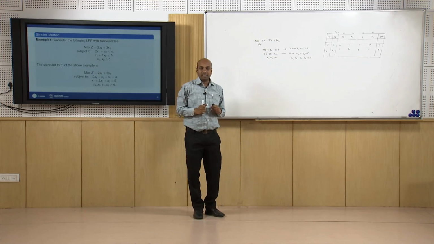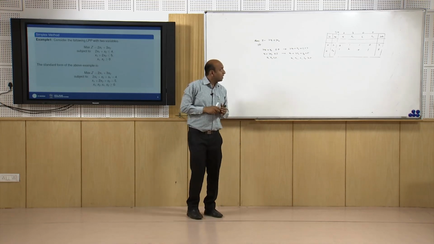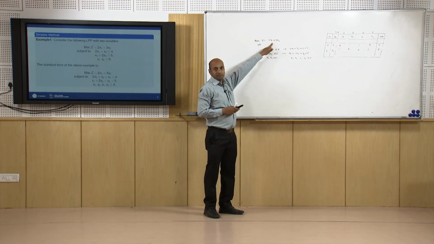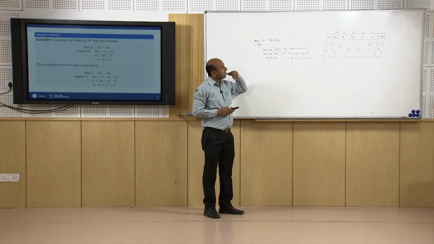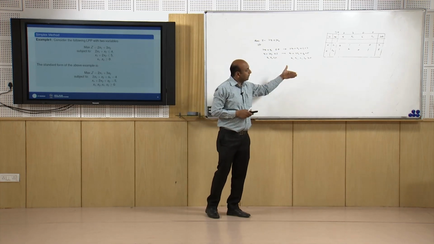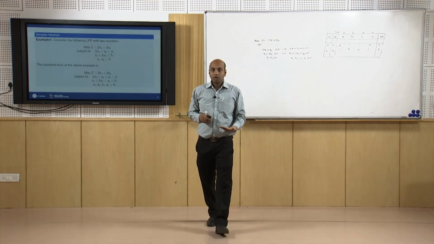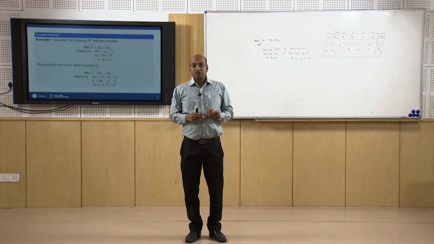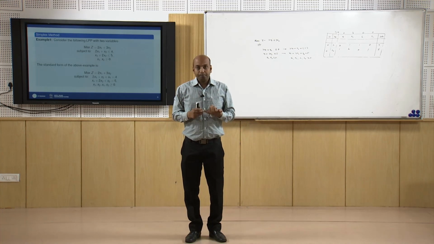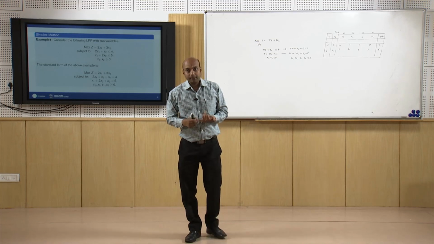What are relative profits? We have to maximize this objective function subject to these conditions, and in each iteration we want to improve the solution. Relative profit means the change in the value of z per unit change in the value of a variable.